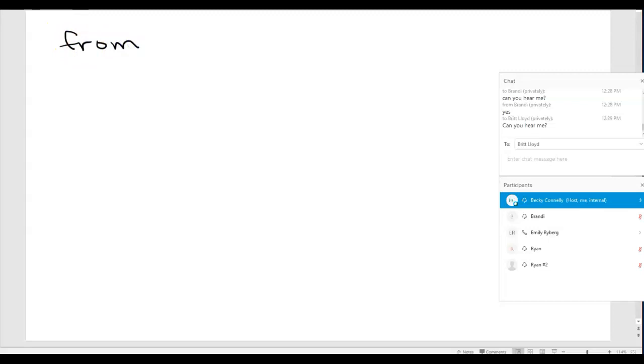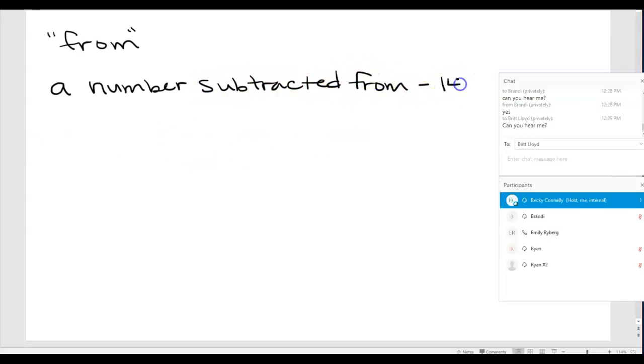If you're saying something's being subtracted from something else, it always tends to throw people off because you're writing things kind of down backwards than the way it's said. So if we have this, a number subtracted from negative 14.